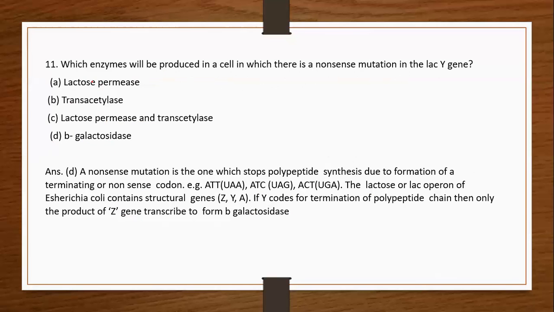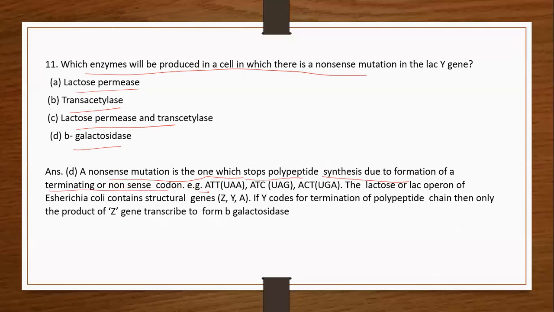Next question is, which enzyme will be produced in a cell in which there is nonsense mutation in lac Y gene: lactose permease, trans-acetylase, or beta-galactosidase? First of all, we should understand what a nonsense mutation is. A nonsense mutation is one which stops polypeptide synthesis due to formation of terminating or nonsense codons.